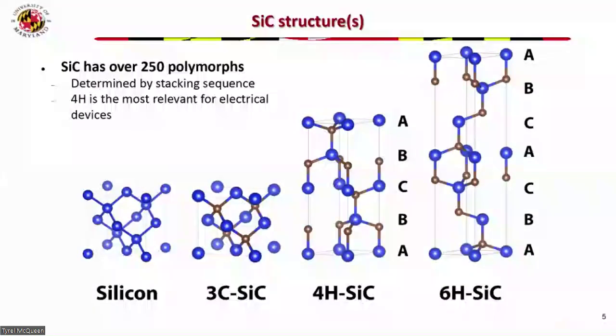But then there are also some hexagonal structures that are called 4H or 6H because of the number of layers along the C-axis. These are hexagonal, and this is actually the one that we have been investigating because it has a high energy gap, the 4H.